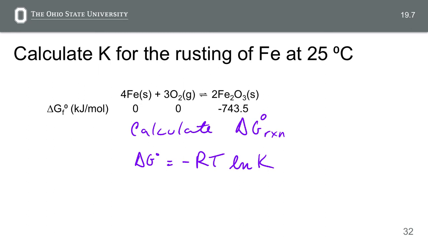So in calculating delta G for the reaction, this is moles of products times its delta G of formation minus the reactants.